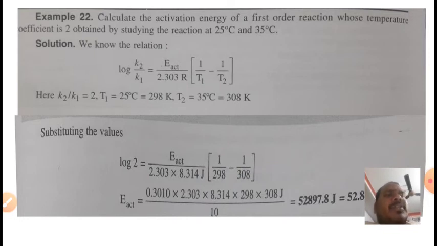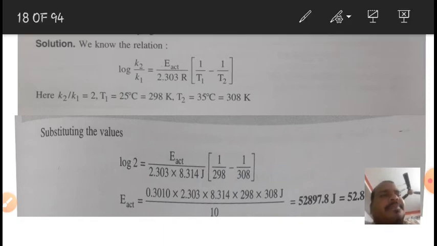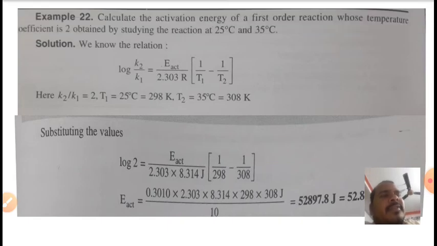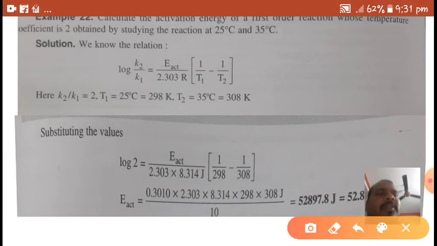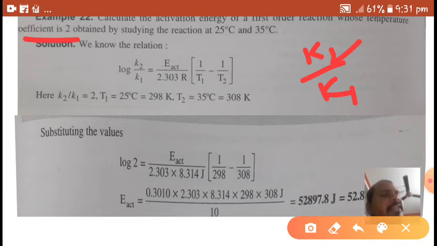Here the temperatures are given, 25 degrees centigrade and 35 degrees centigrade. Temperature coefficient is K2 by K1, that is, K at 35 degrees centigrade by K at 25 degrees centigrade, which is 2.